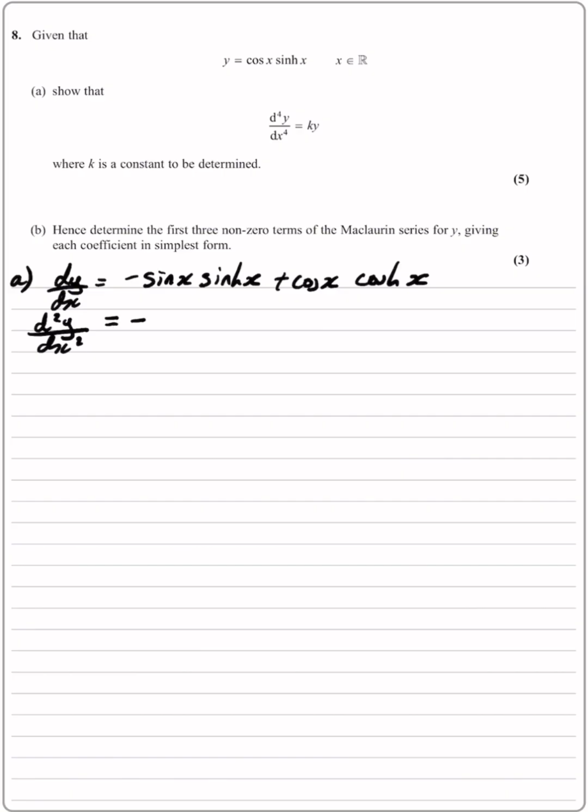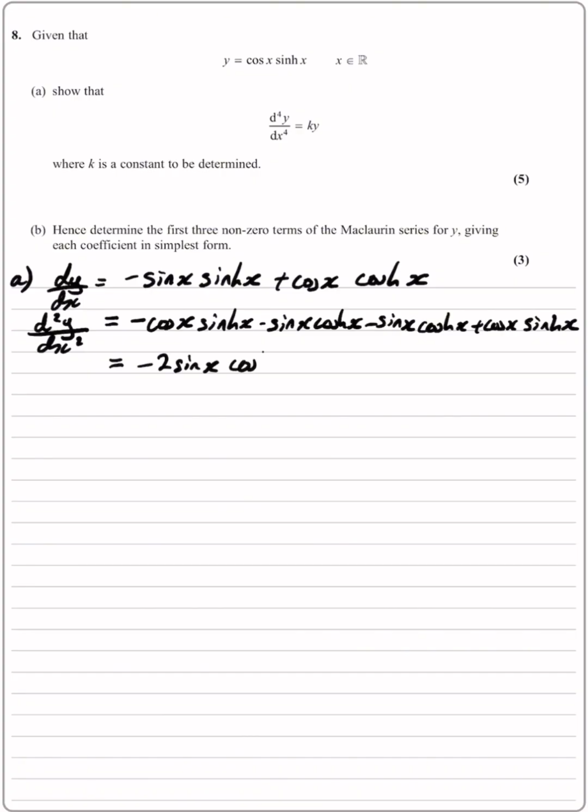Then using the product rule again, minus sine x differentiates to minus cos x. And then hyperbolic sine of x differentiates to hyperbolic cos of x. And cos of x differentiates to minus sine x. And lastly, hyperbolic cos of x differentiates to positive hyperbolic sine of x. It's the only difference with the hyperbolic versions.